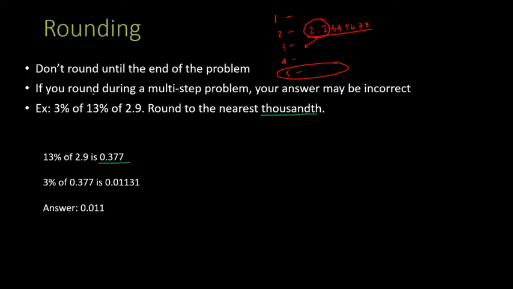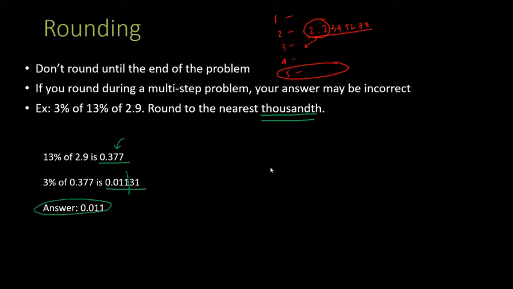Your next step, you need to find 3% of 0.377, and you find that it is 0.01131. Now, it has asked you to round to the nearest thousandth, so your answer would be 0.011. So there's your answer. Notice that we got this calculation in the first step that had 3 decimal points, and we didn't round it, we left it as it was, and we continued our calculation.